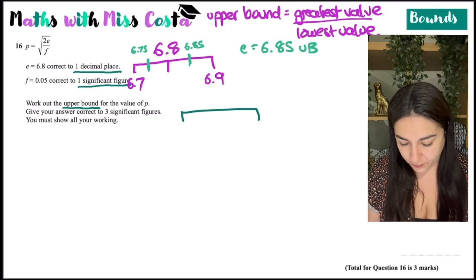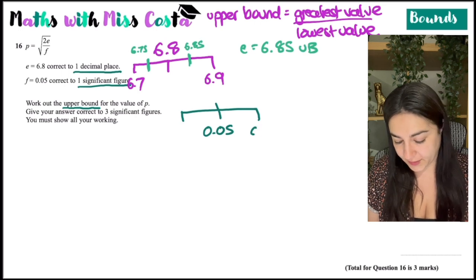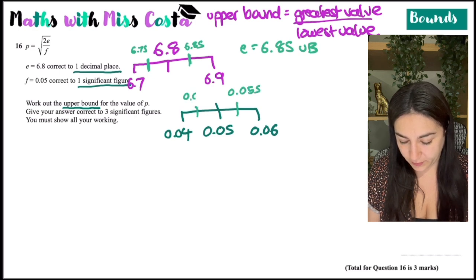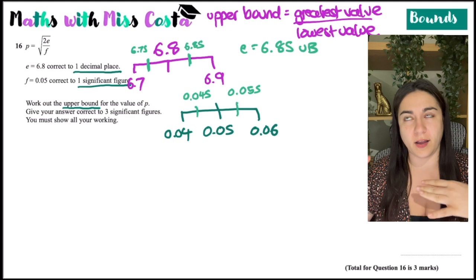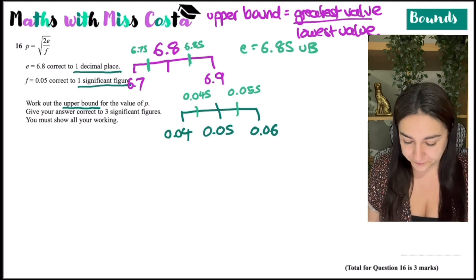And then let's have a look at f. f is 0.05, correct to one significant figure. So to one significant figure, it would be 0.06 or 0.04. So once again, let's look at its bounds. The upper bound would be 0.055 and the lower bound 0.045. So when you're doing bounds, you think, what are the options for it to round up or down to, and then you find the midpoint.